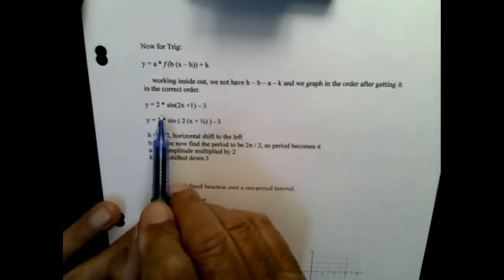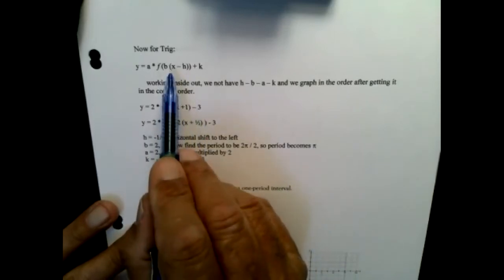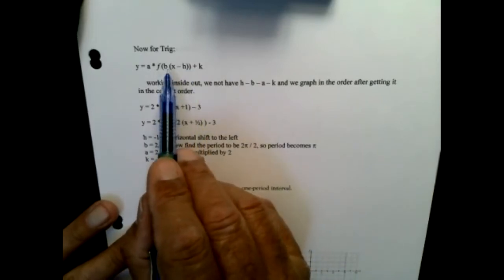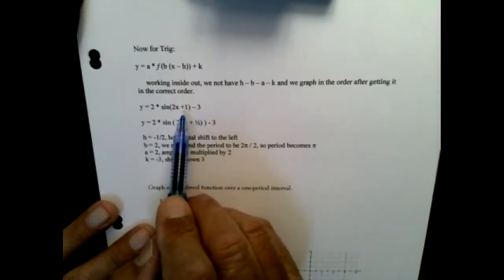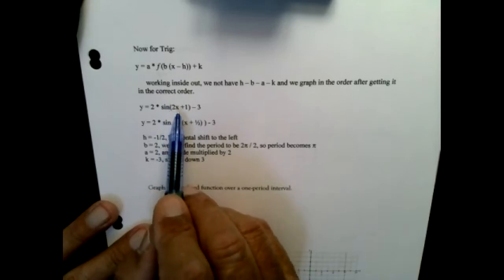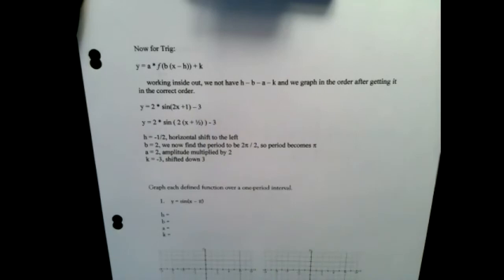Okay, the first thing I want to do is start with an example. If I'm given an equation that looks like this, I have to separate it out. I have to factor out that B, so this is not good enough. I have to factor out a 2, divide by 2 to bring it out, divide by 2. Now I'm in the proper form.